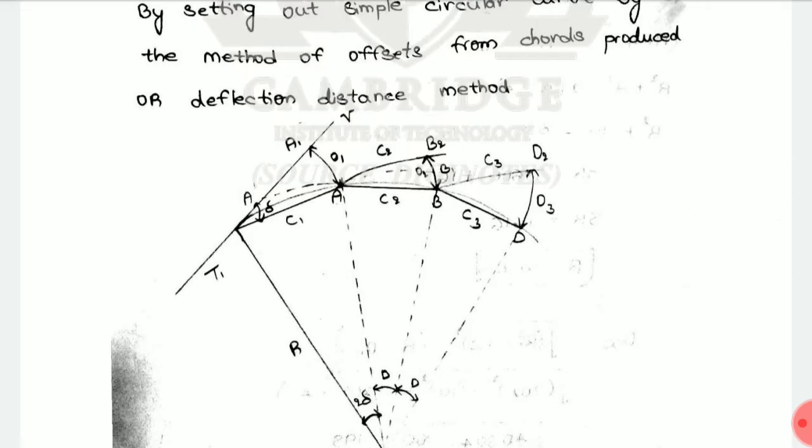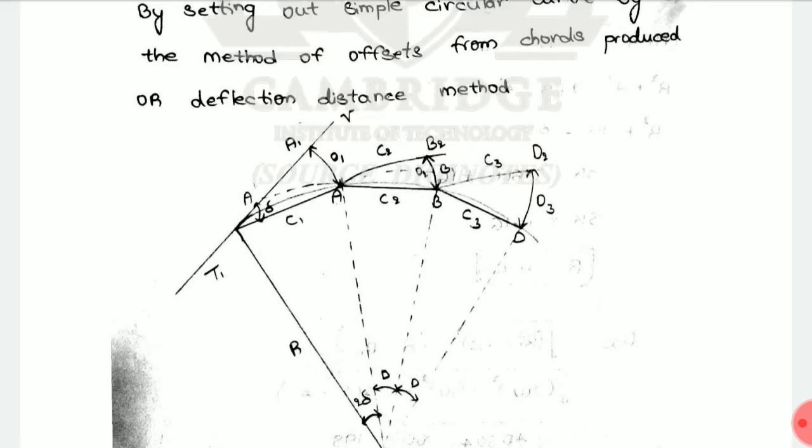To set out a curve we will be setting out different intervals on the curve. At every interval I will draw the chord. In the figure you can see c1, c2, c3, those are the chords drawn at every interval. If I join from point T1 to the end point of the curve, that is the total length of the chord for the total curve.